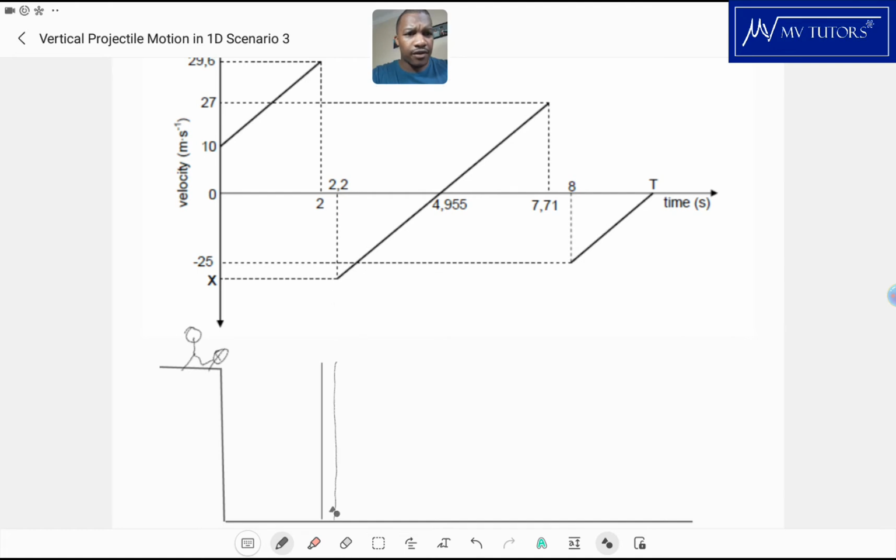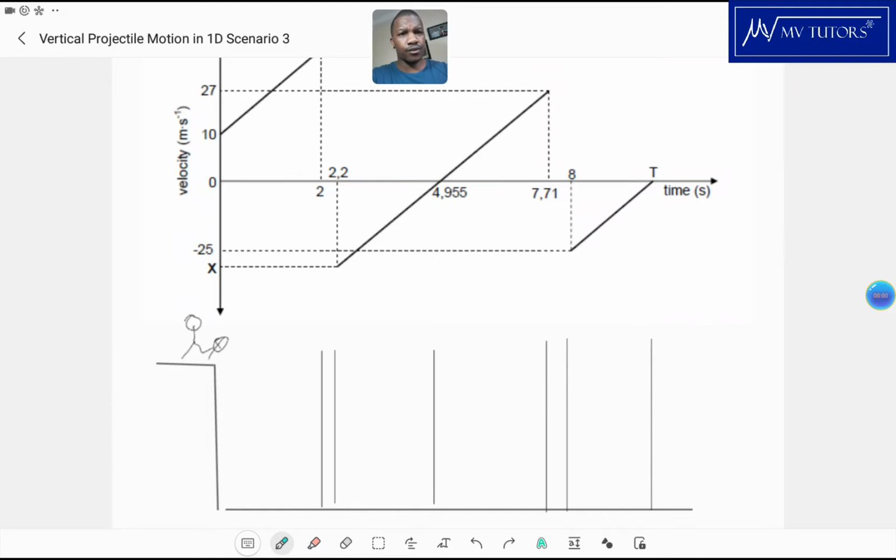So we'll have this situation. The next one is this one, or critical points, I'll call it that, critical points. The next one is that one there, and then the next one is that one there, just like that, and then the last one is this one here. Okay, so those are critical points.